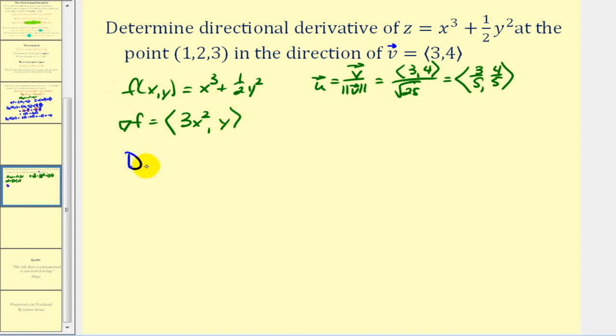So the directional derivative is going to be equal to the gradient dotted with the unit vector.